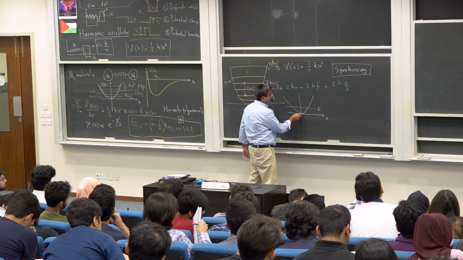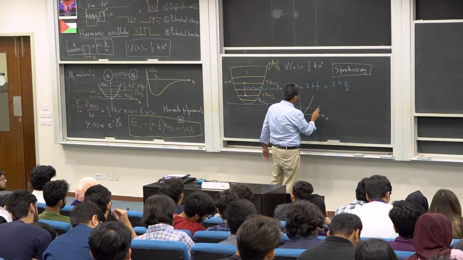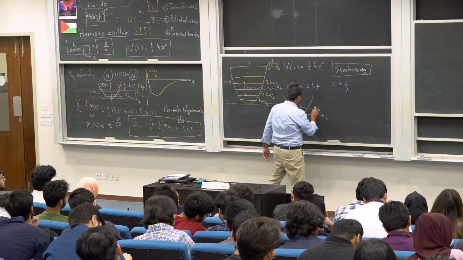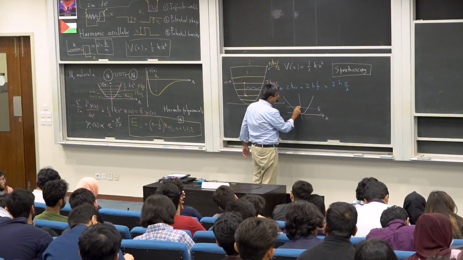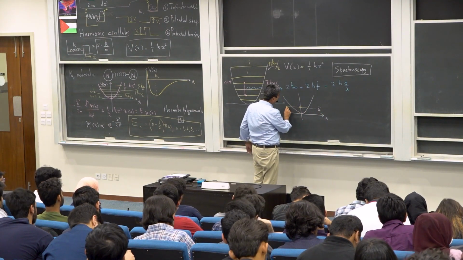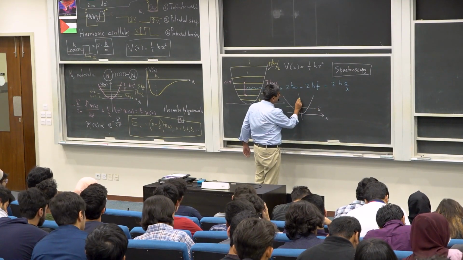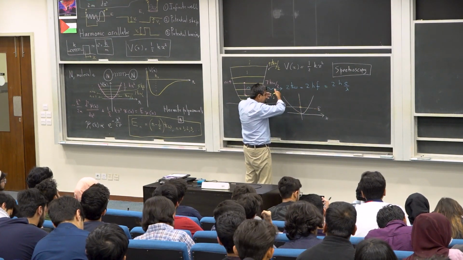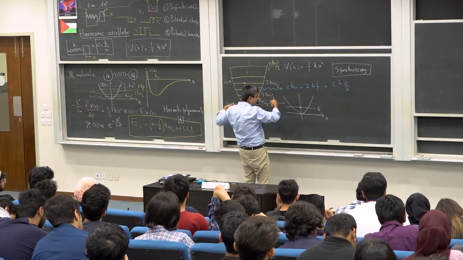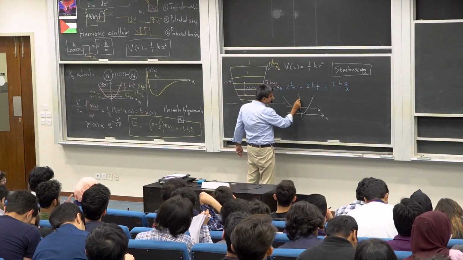If I were to plot this, suppose I plot it over here. This is now my wave function axis, the 0 for my wave function axis. So this is a decaying exponential with an x square term. So it looks like this.